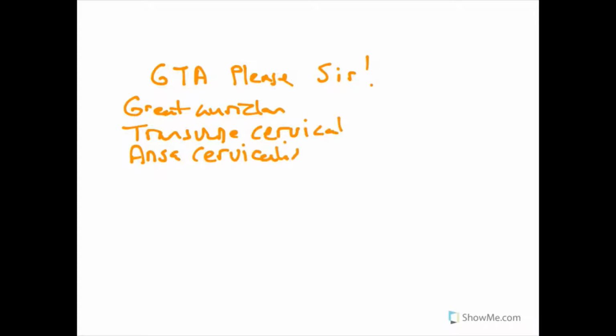And then P is the phrenic. And then S is the supraclavicular nerves. So supraclavicular, this makes up your main branches of cervical plexus.